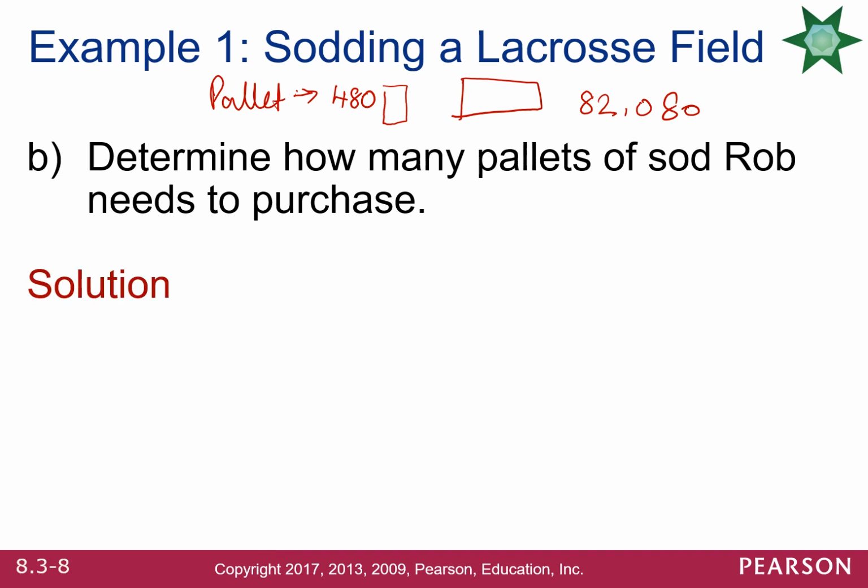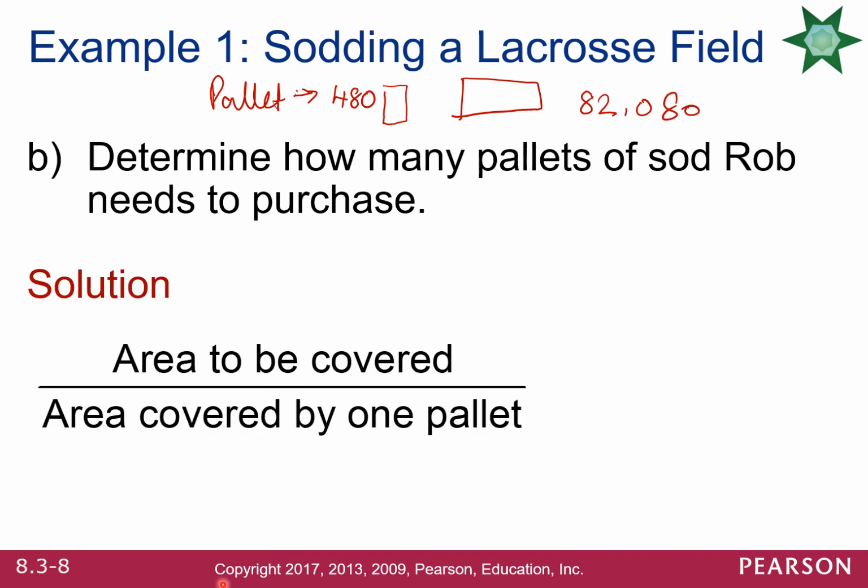This is how they came up with the solution, same as what we just said. 82,080 divided by 480 gives a value of 171. So 171 pallets, each of size 480, would be needed to cover an area of 82,080.